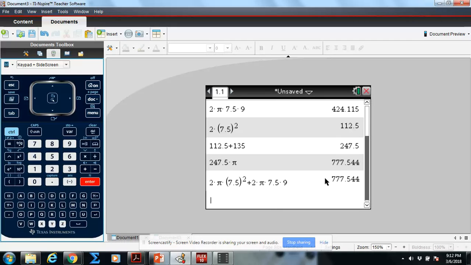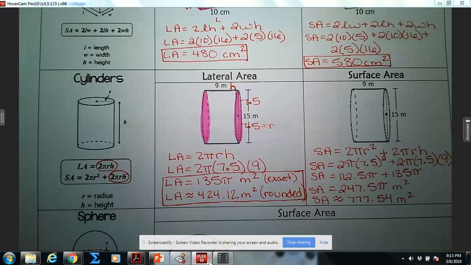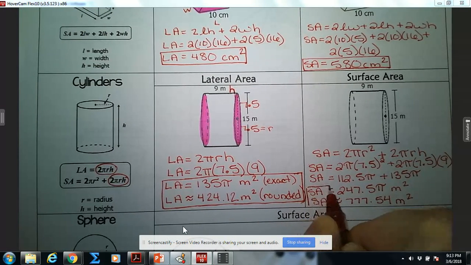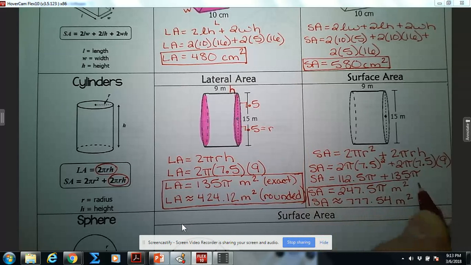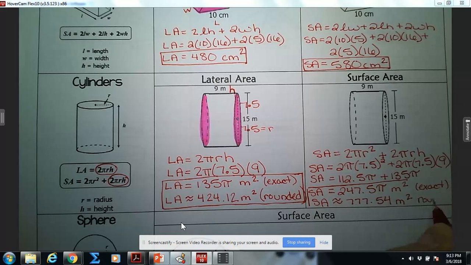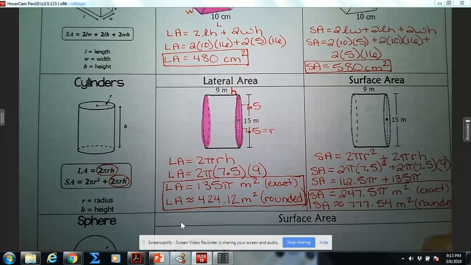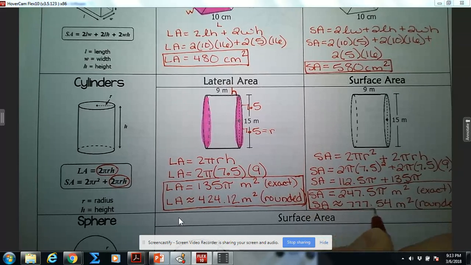Whatever mathematically makes more sense, saves you a little bit of time. Getting 777.54, and that is area, so we're measuring in squared units, meters squared. Again, you guys, we got our exact value and we got a rounded value. So just depending on what you need to answer the question, you'll know what to do.